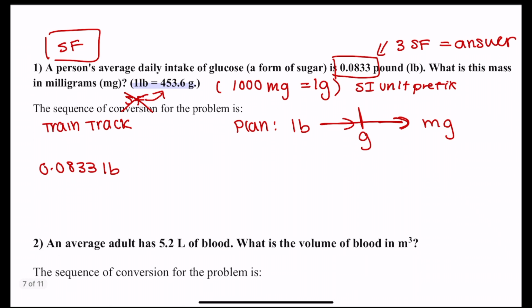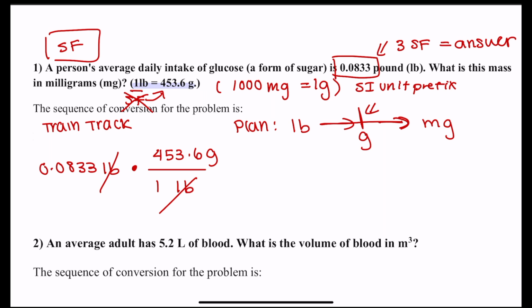And then in the question, we're given that 1 pound is equal to 453.6 grams. So since we want grams as our desired unit in the middle, I want to put my pounds on the bottom and grams on the top, so that the pounds cancel out and leaves us with grams.